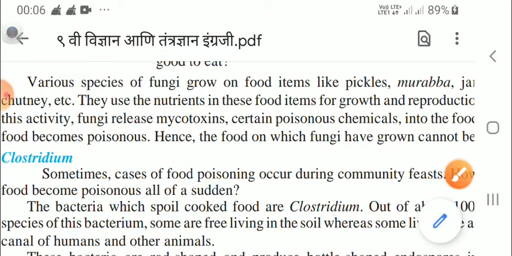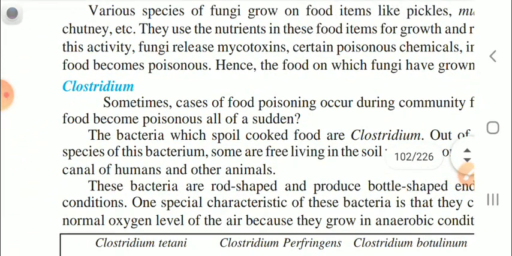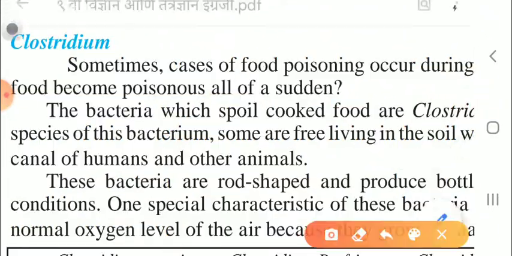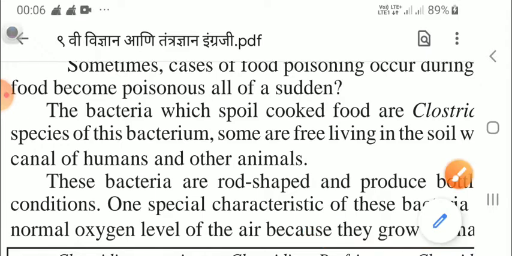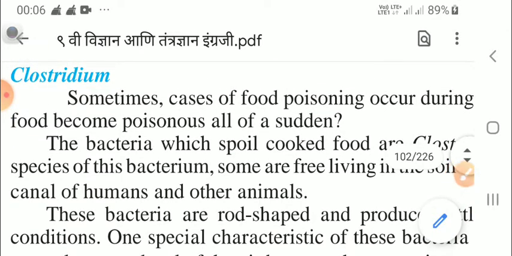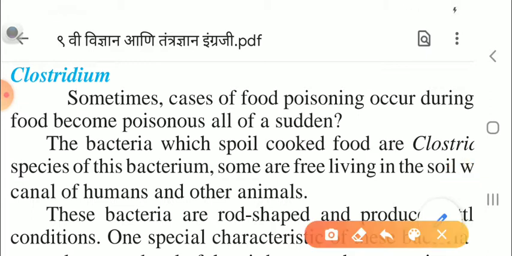Now let us start with Clostridium. That is the next thing we are going to study. This is Clostridium that we are going to study. Sometimes in some cases we might have seen that food poisoning occurs during a community feast.